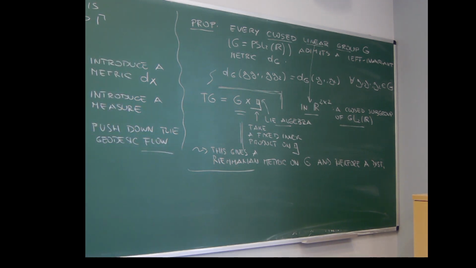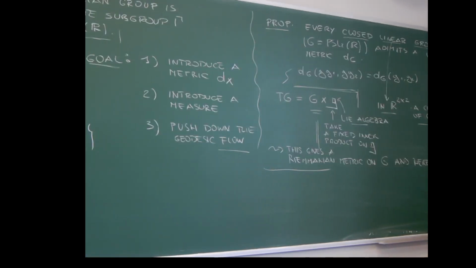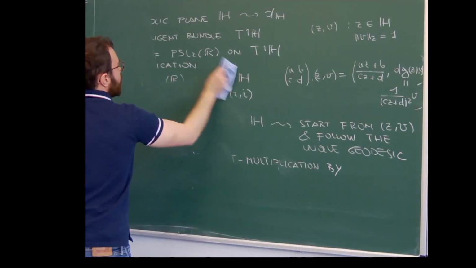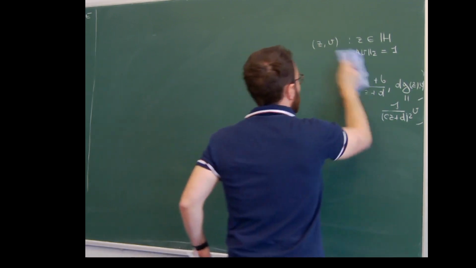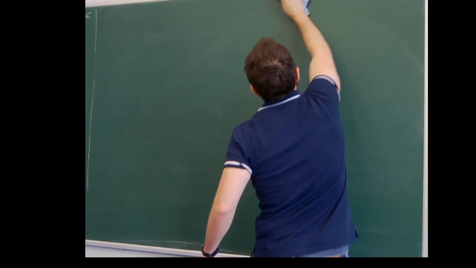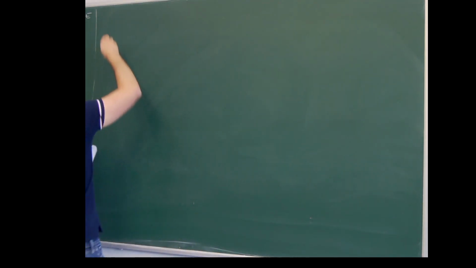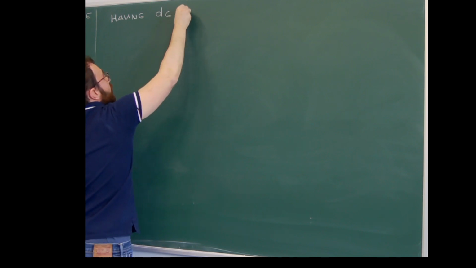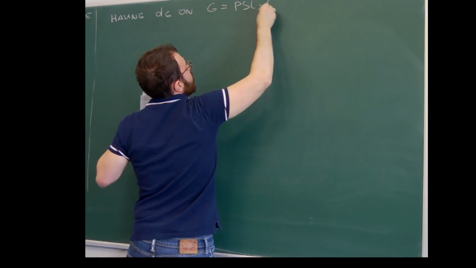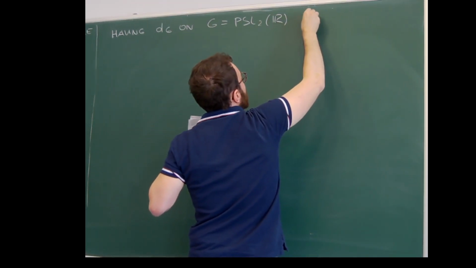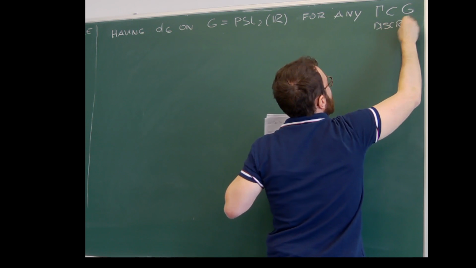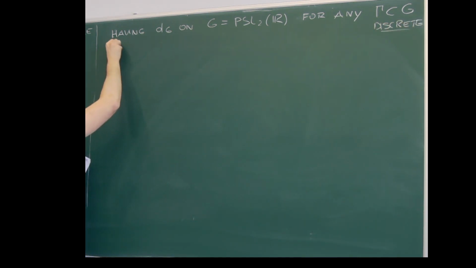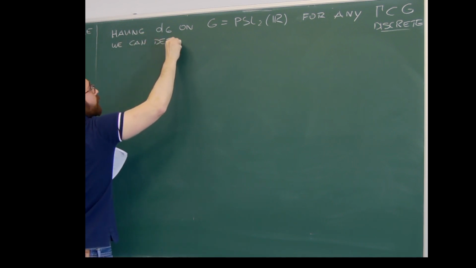Let me erase this. Having dg on G equal PSL2R, for any discrete gamma contained in G, we can define the following metric.